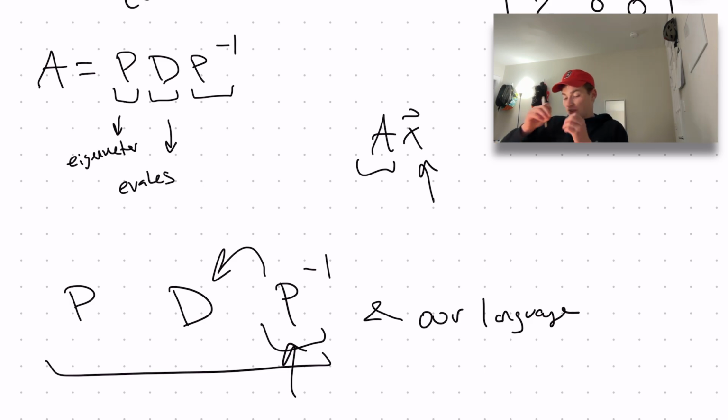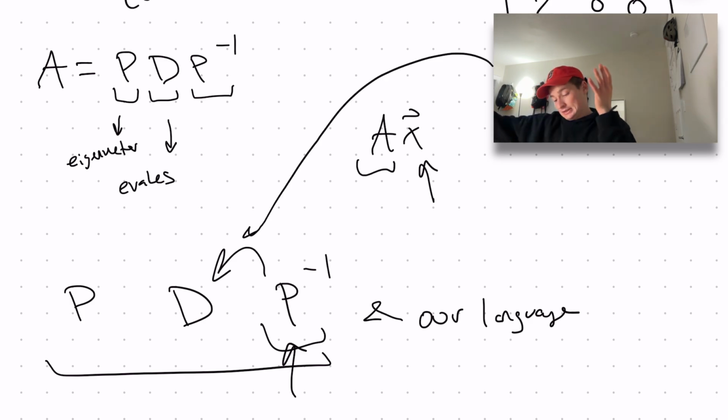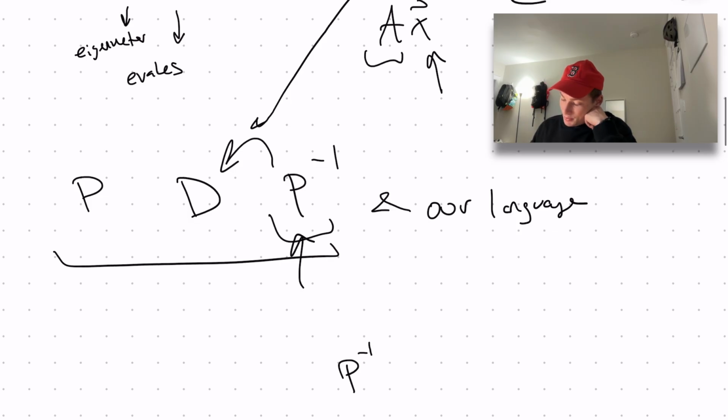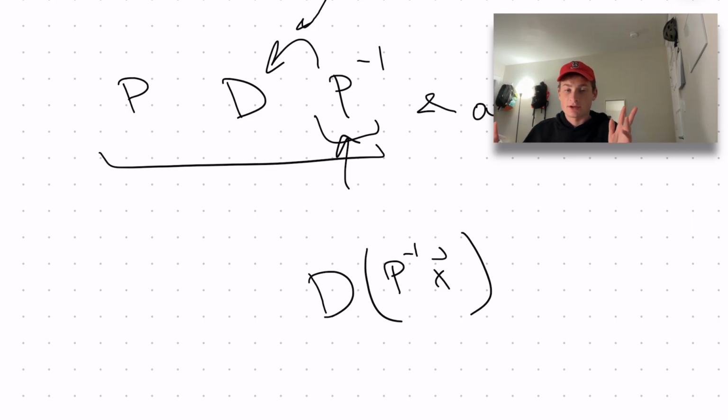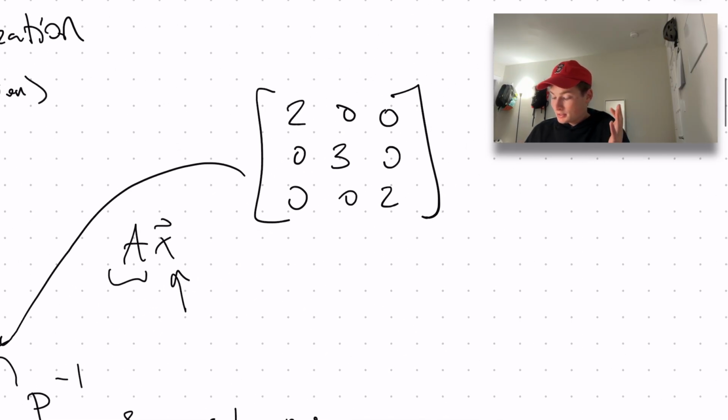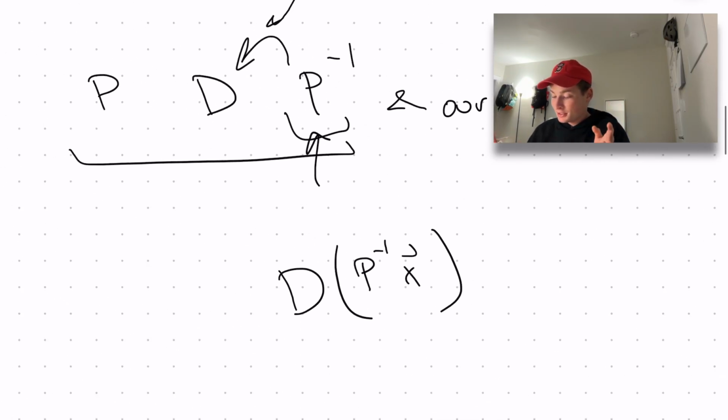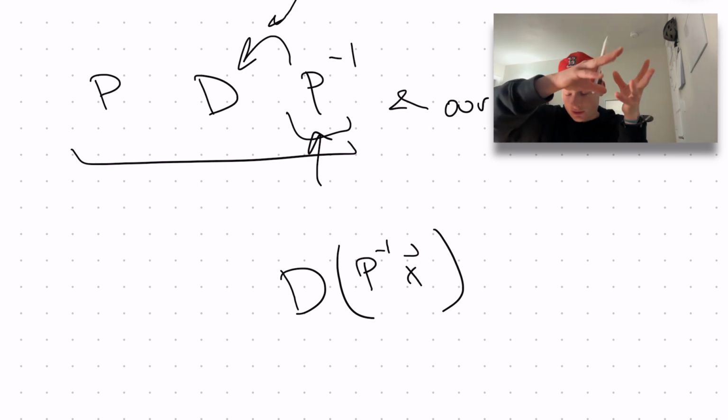We are going to scale whatever the result of this is. When we apply D to this, we're only doing a scale, which is a super easy transformation. It's easy to compute and easy to look at. I like looking at this matrix. We're only doing a scale because we've converted to a new language.